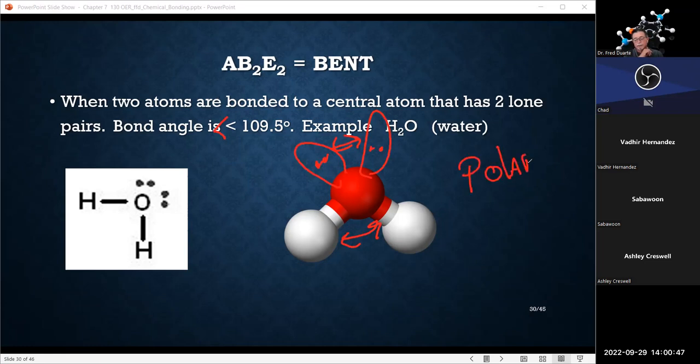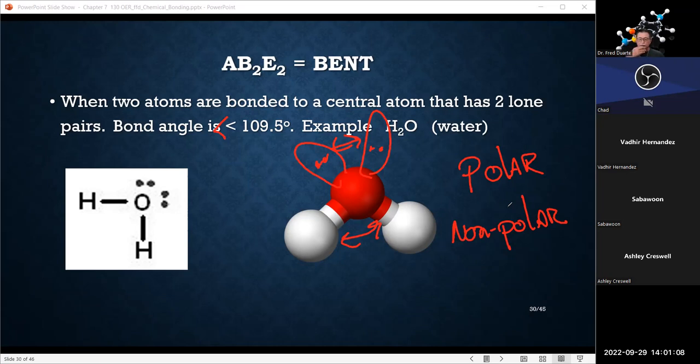That makes water what we call very, very polar, okay? We're going to learn about the polarity of these compounds, and we're going to have polar and non-polar. One way to think of these is that polar compounds and molecules have water-like properties.